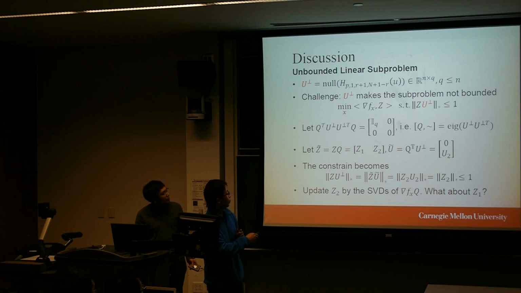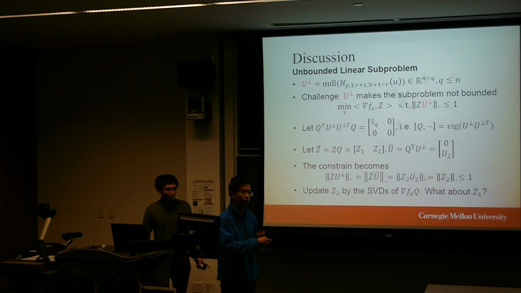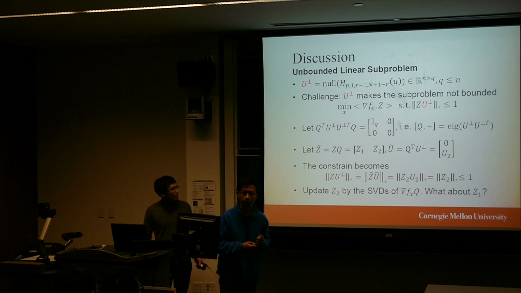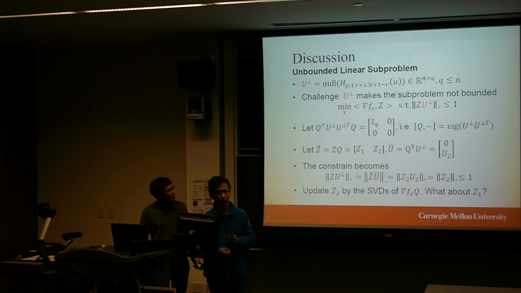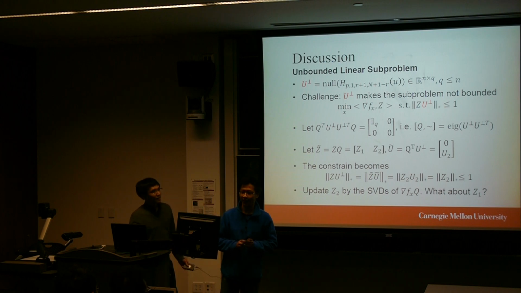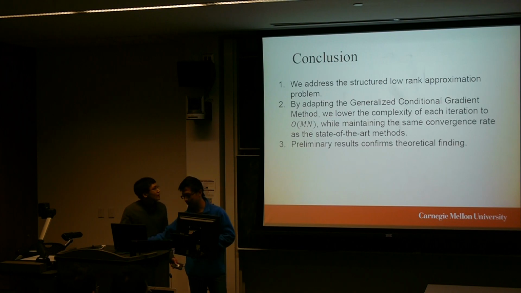However, here if we divide the matrix into blocks, we can update z2 by a similar approach because z2 is bounded. But there is no way we can update z1. We need to find a good way to find z1 for a similar setting. So this is a challenging problem that I encountered, and I welcome any possible ideas.